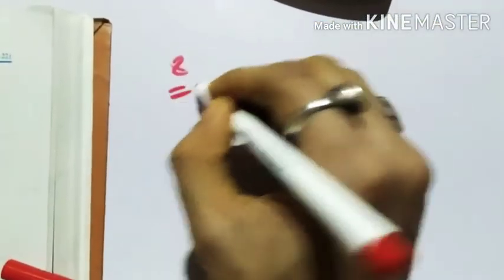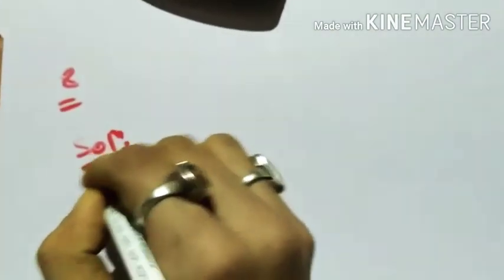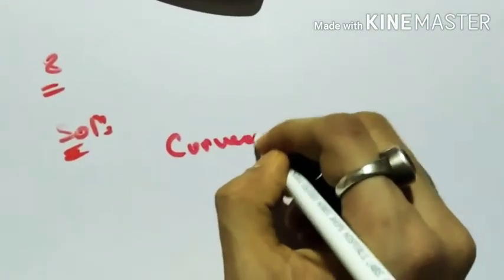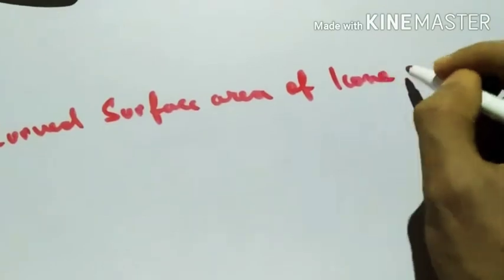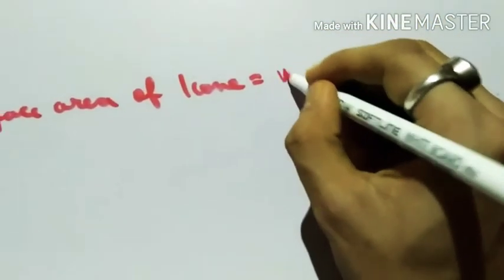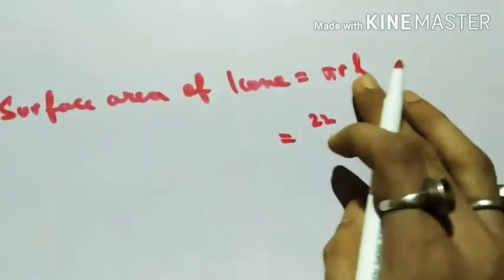Okay, so question number 8. First of all I will have to find the curved surface area of one cone. Curved surface area of one cone is pi r l.